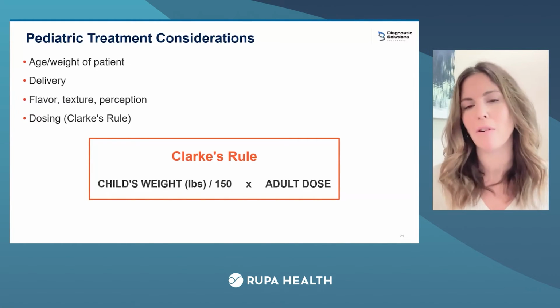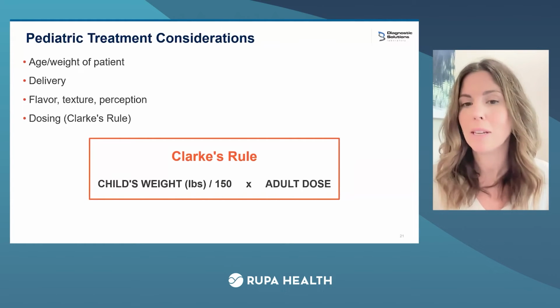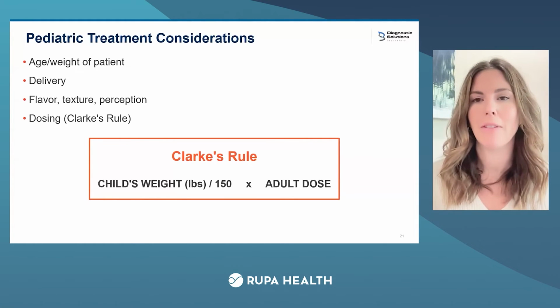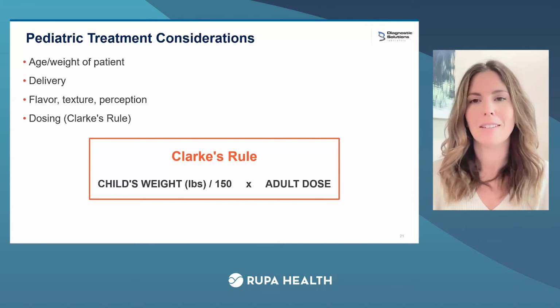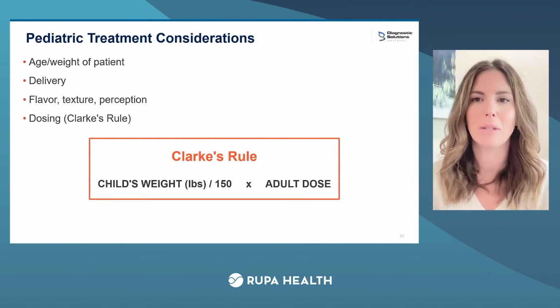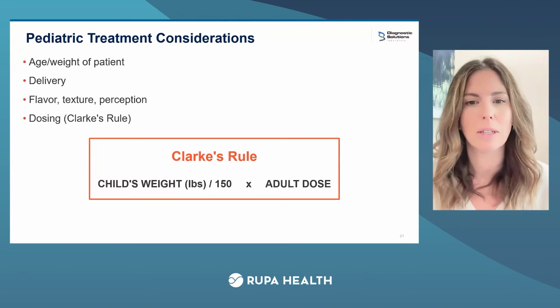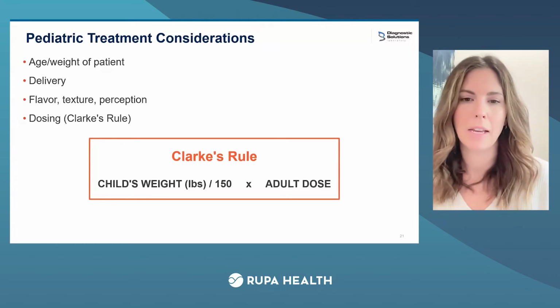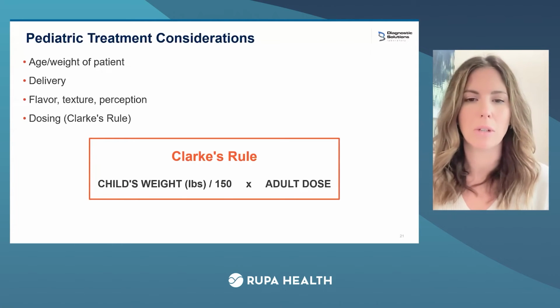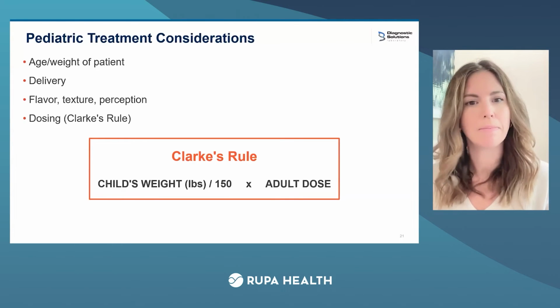This is appropriate for some remedies that we know are safe for children that don't have a narrow therapeutic window, so there's no significant danger in overdosing or underdosing, which is a lot of our nutraceuticals. So Clark's rule is worth keeping on hand. It's a handy thing you can use to adjust an adult dose to a child dose.